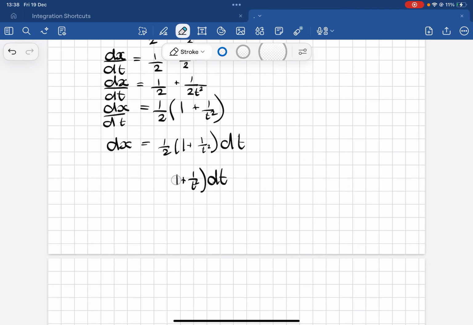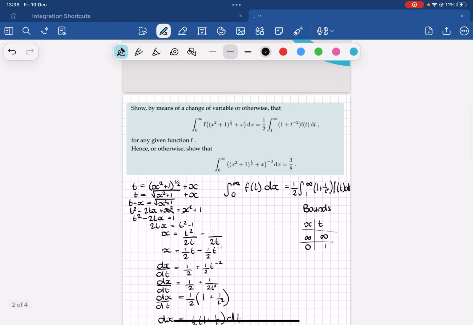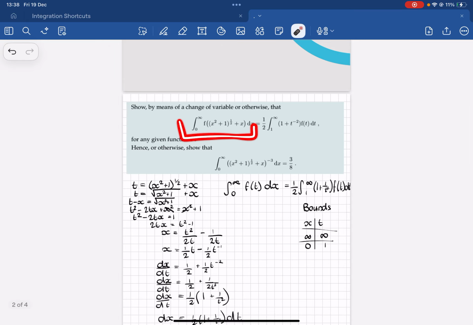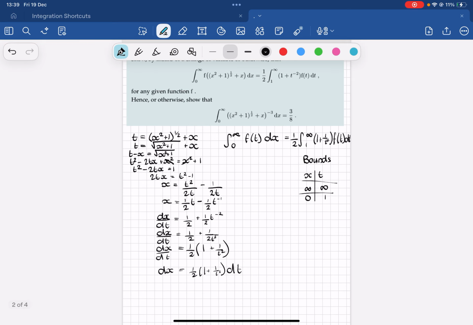So we can just get rid of this, and we've proved for part A that all of this equals this. So good start. Now, hence or otherwise show that the integral from infinity to 0 of x squared plus 1 to the half plus x, all to the minus 3, with respect to x, equals 3 over 8.